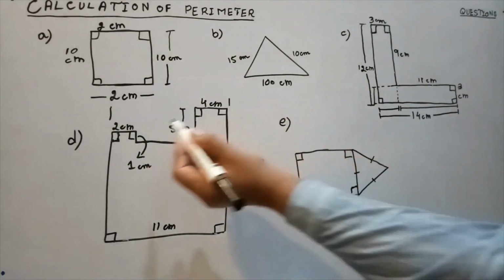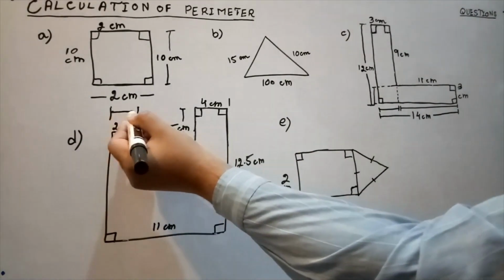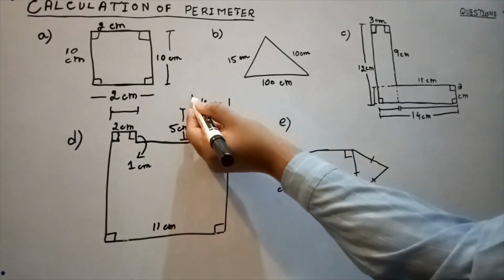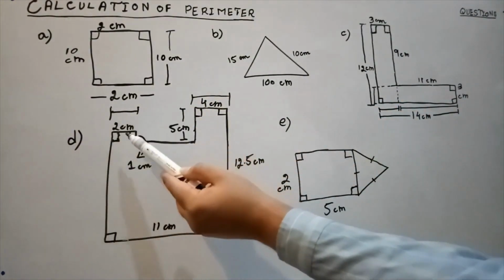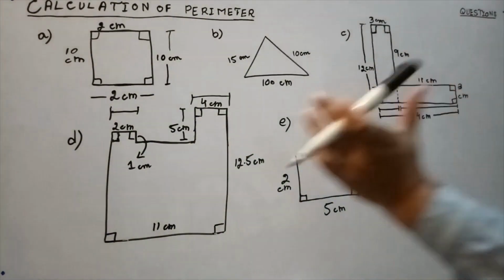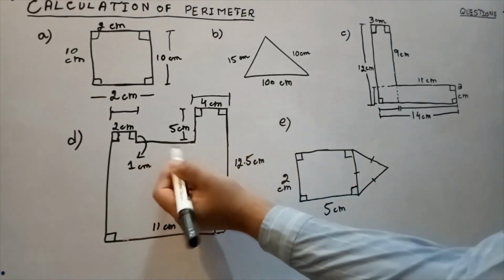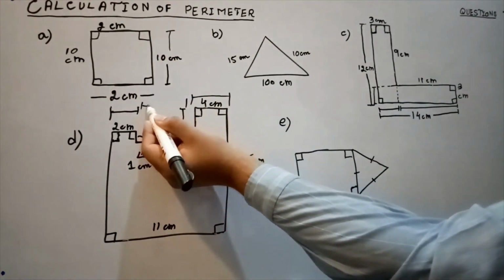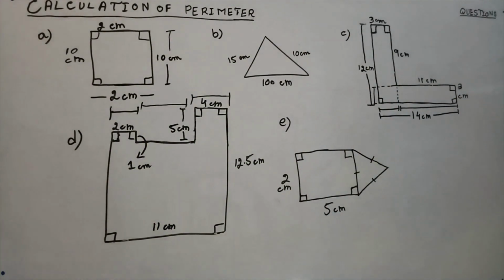From here to here we have 2 centimeters, and from here to here we have 4 centimeters, and the total is 11 centimeters. And this length, we have to find out. Clear? This length we have to find out.